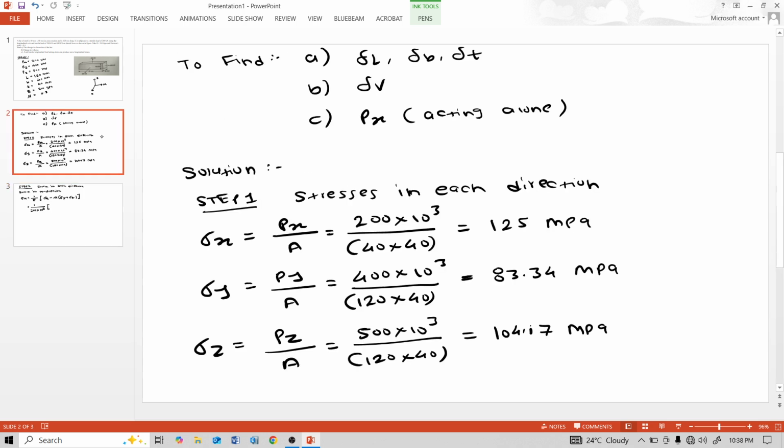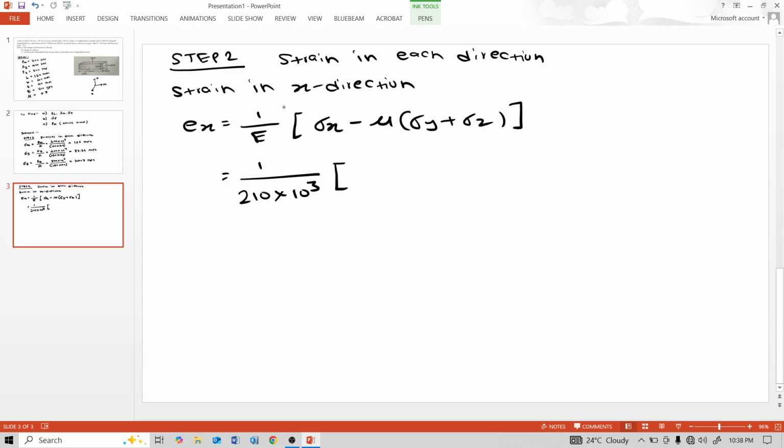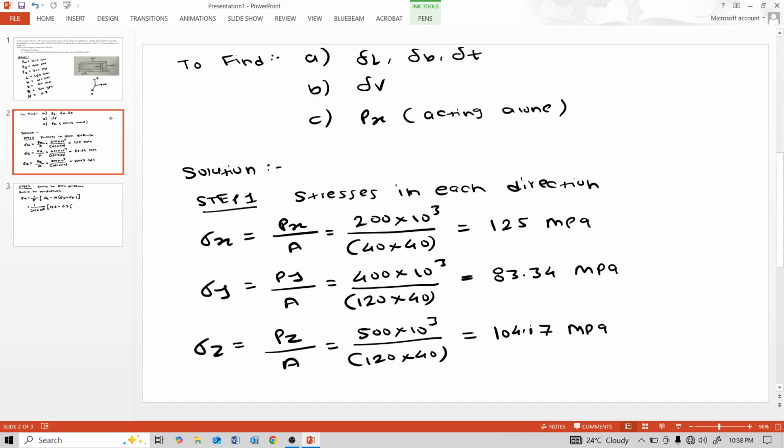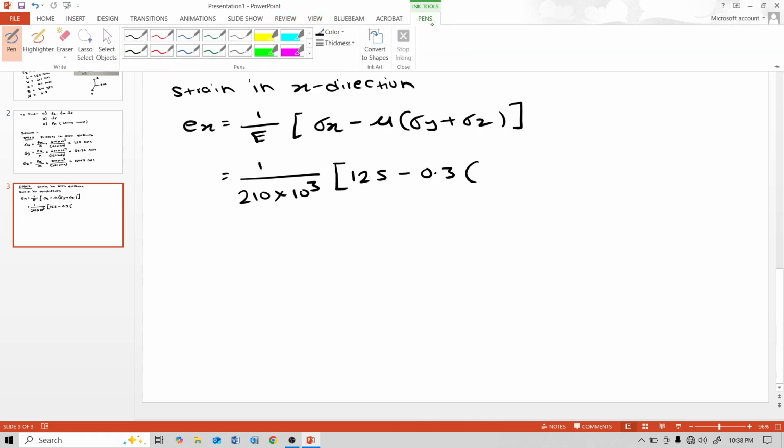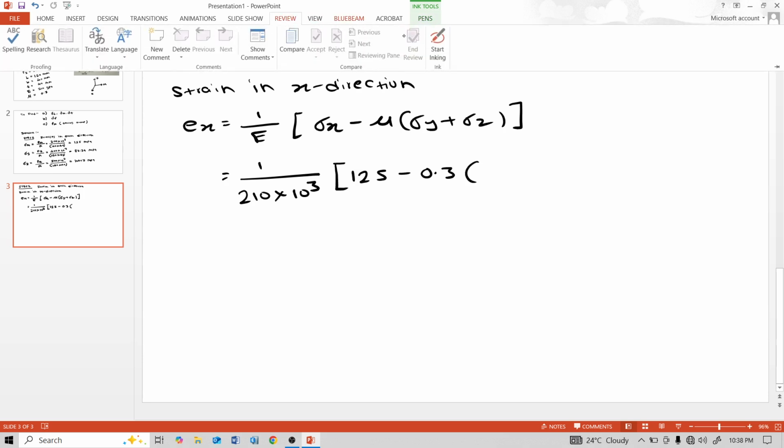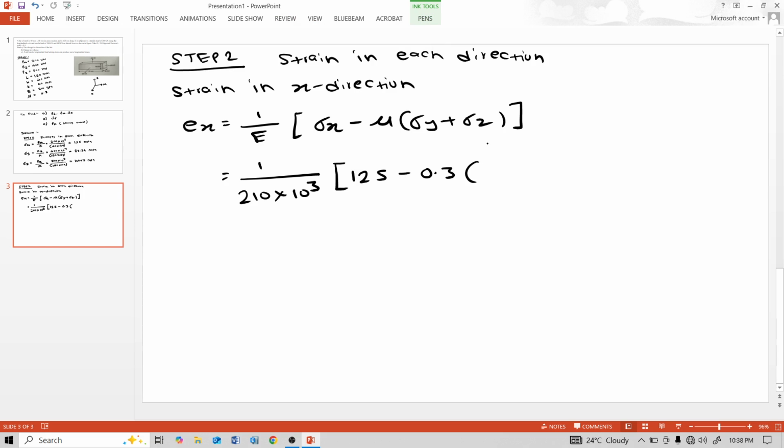Stress in x direction, which we calculated in step 1, is 125 MPa, minus Poisson's ratio 0.3, times stress in y direction, 83.34 MPa, plus stress in Z direction, 104.17 MPa.